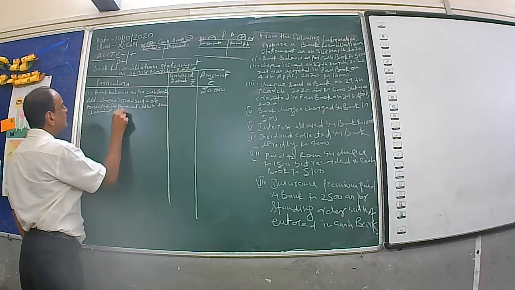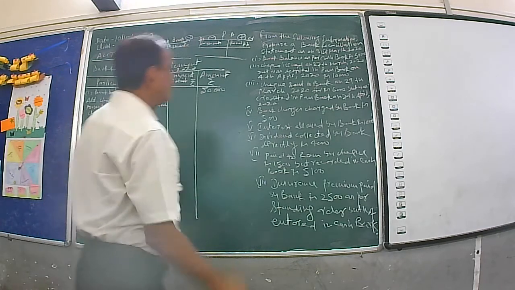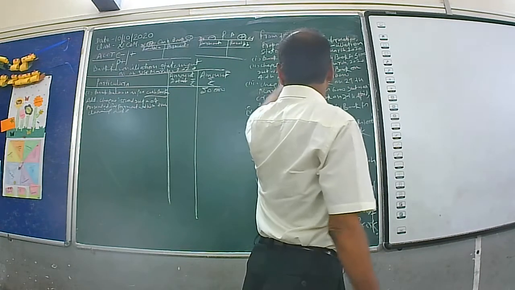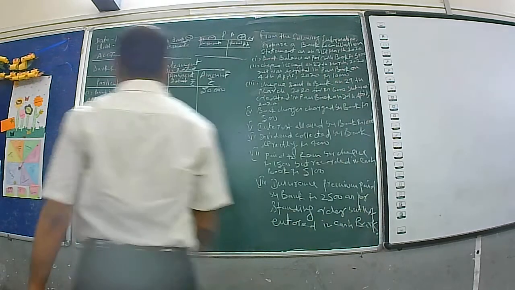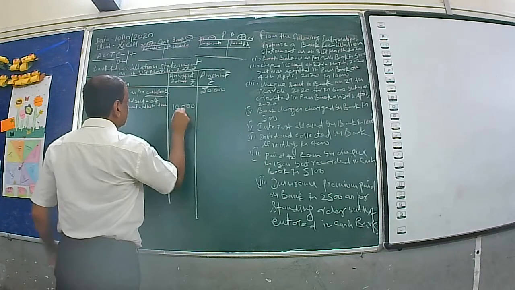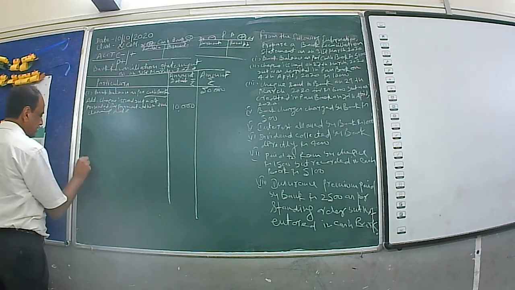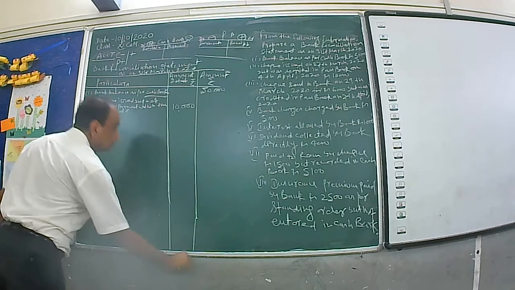The amount of the check is 10,000, so write rupees 10,000 in the details column. Then you will have to write the less items.